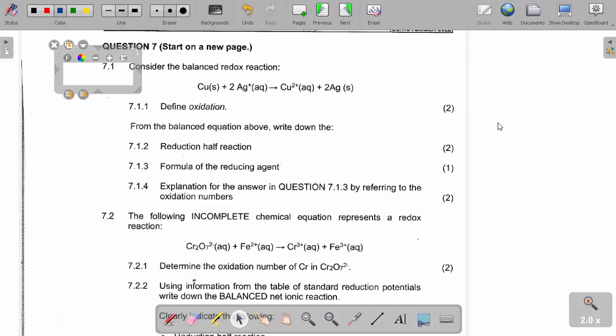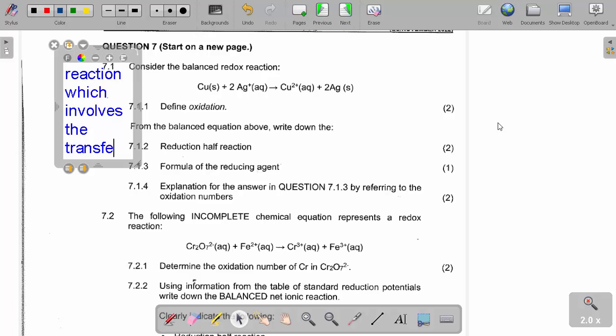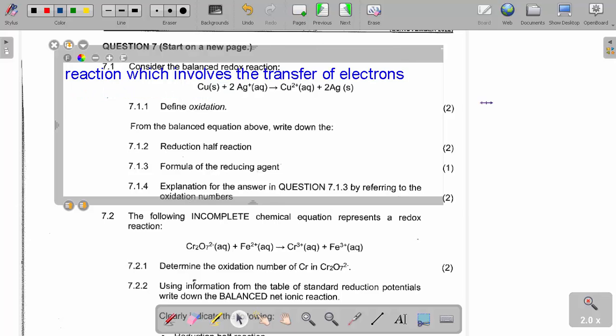Okay, why not? They're saying that it's the reaction which involves the transfer of electrons from one substance to another. Okay, so that's a redox reaction.